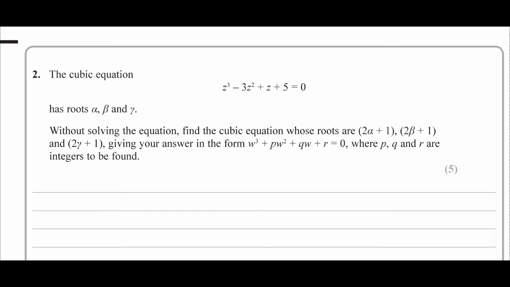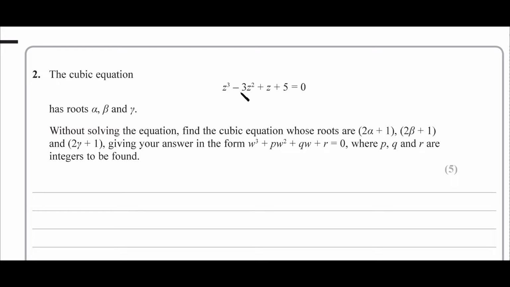Question 2. We've got a cubic equation z cubed minus 3z squared plus z plus 5 equals 0. And this cubic equation has roots alpha, beta, and gamma.